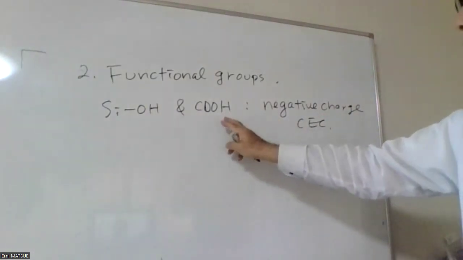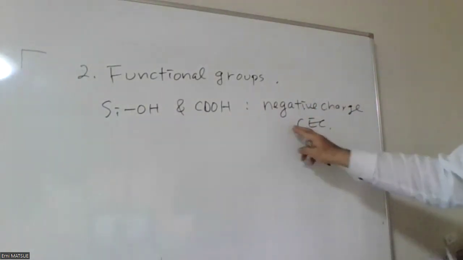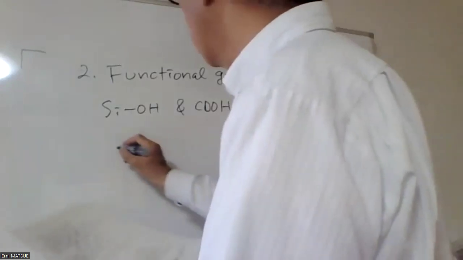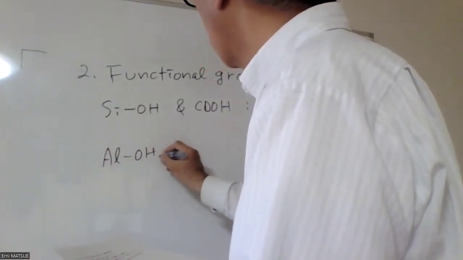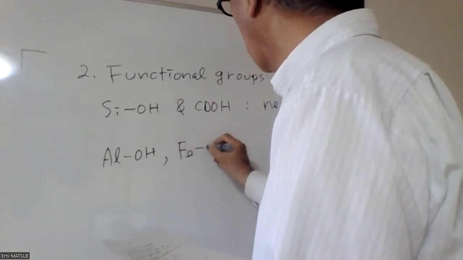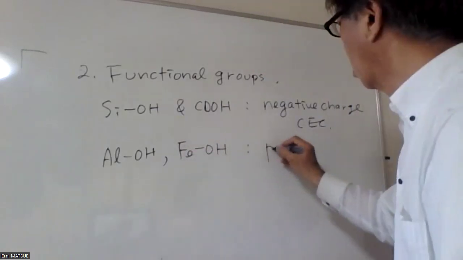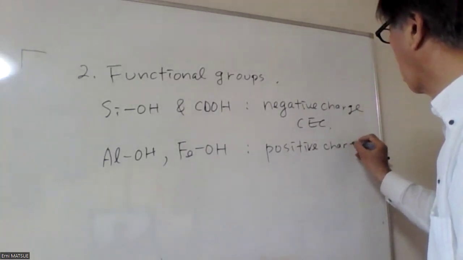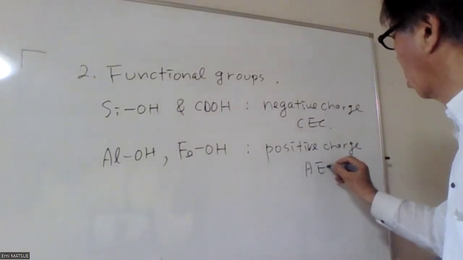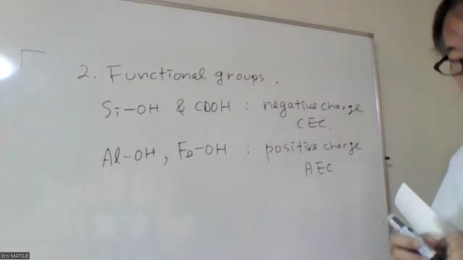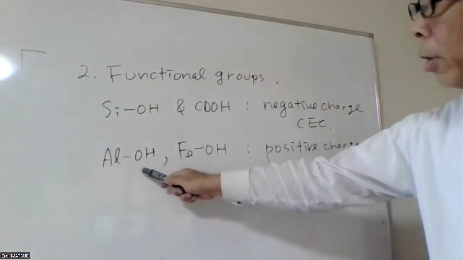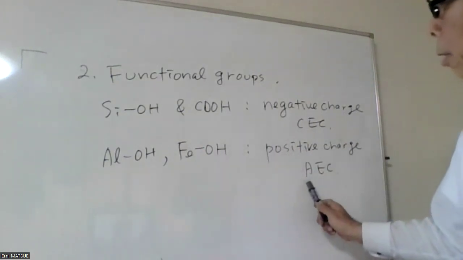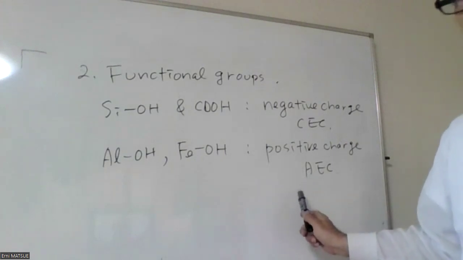SiOH and COH of humus have negative charge and have CEC. Usually, AlOH and FeOH are positively charged and have AEC.